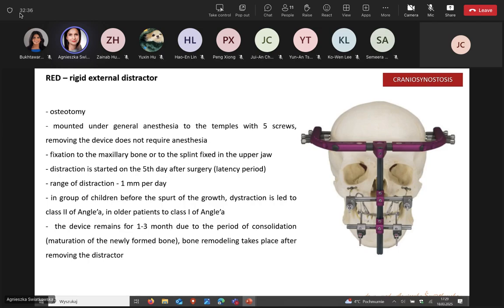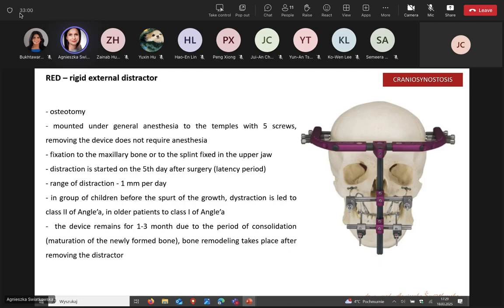Distraction is started on the 5th day after surgery because we have a latency period, and the rate of distraction is 1 millimeter per day. In children before the growth spurt, distraction leads to Angle class 2. In older patients, to Angle class 1. Why class 2?